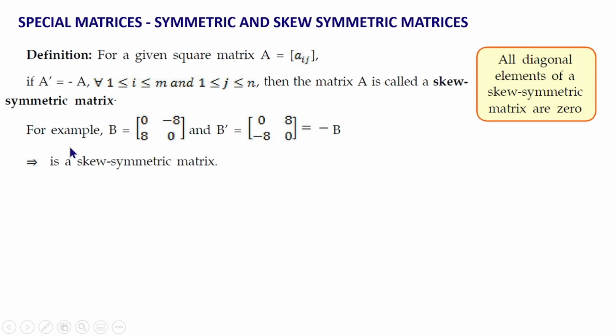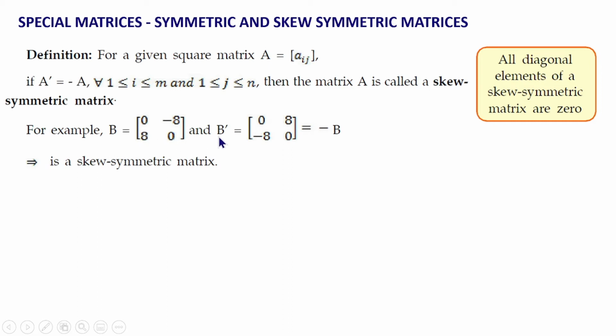Then moving on to the next special type of matrix, which is the skew symmetric matrix. For a given square matrix A equal to [aij], if A transpose is equal to minus A, then the matrix A is called a skew symmetric matrix for all i varying from 1 to m and j varying from 1 to n. Say for example, this matrix B equal to 0, minus 8, 8, 0.